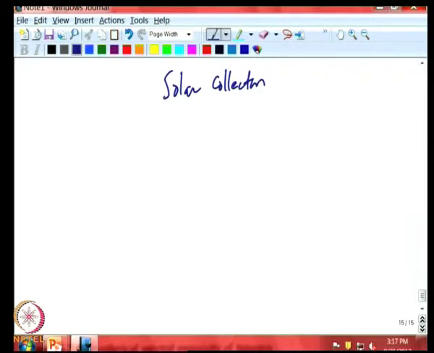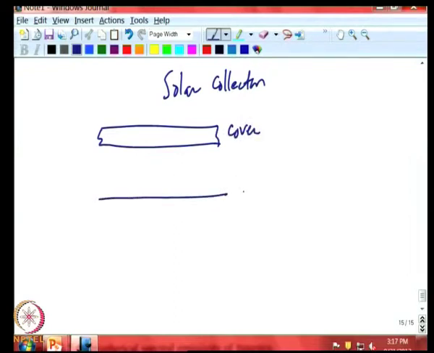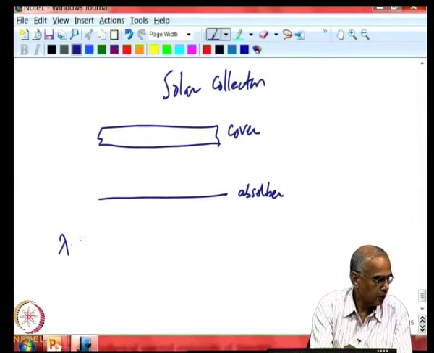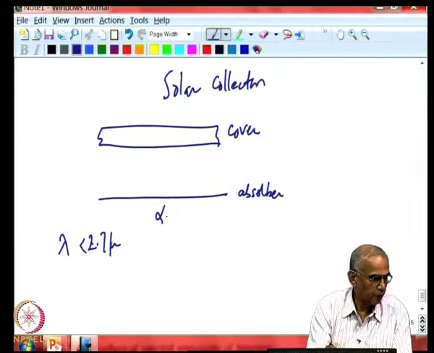So, if you look at a solar collector, the most important component of the solar collector is the cover, which is usually glass, it can also be a plastic, and I want you to see the typical spectral property of glass. If you are in a wavelength range below 2.7 micron, then the absorptivity of glass is very small, 0.07.